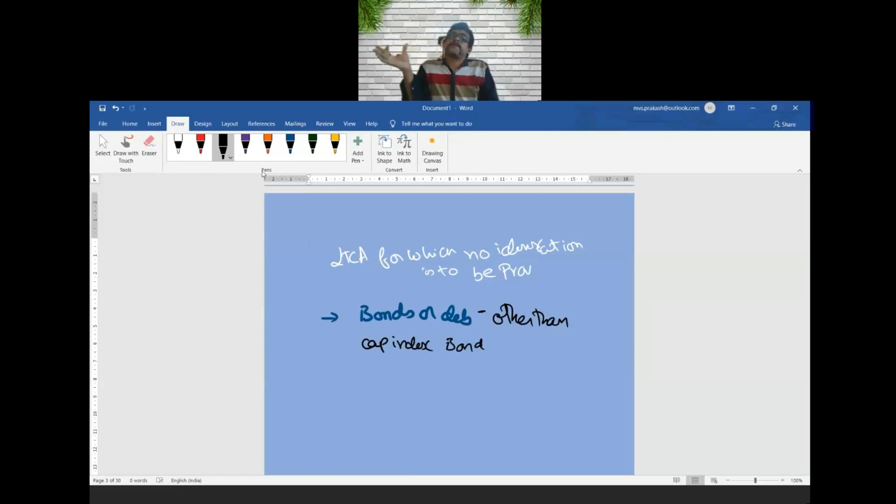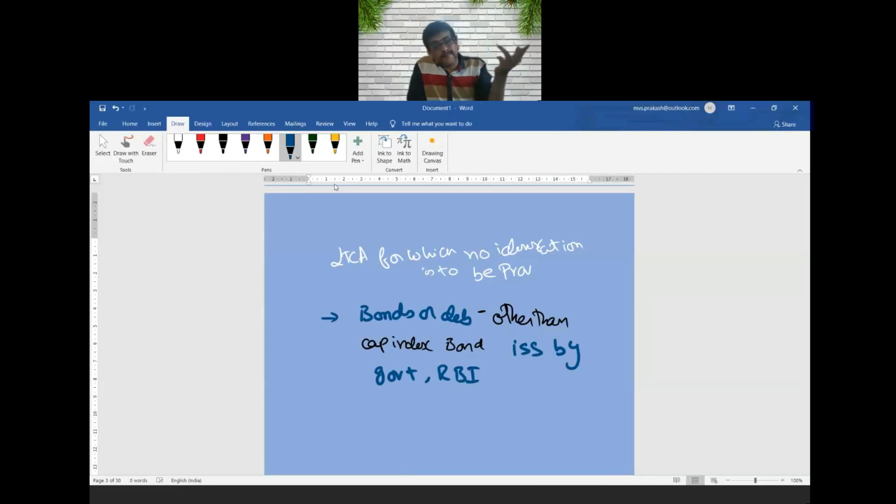If that is not a capital indexed bond, if that is a general bond or debenture issued by government or issued by Reserve Bank of India. Reserve Bank of India ఒక బాండ్ ఇష్యూ చేసింది. ఆ బాండ్ క్యాపిటల్ ఇండెక్స్డ్ బాండ్ కాకపోతే you should not provide any sort of indexation.